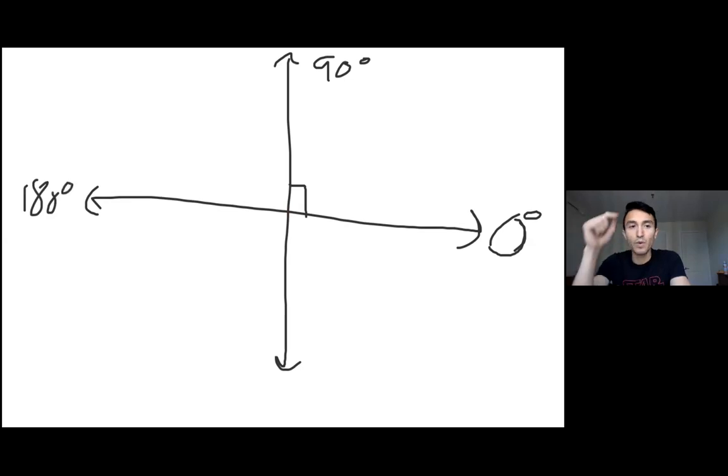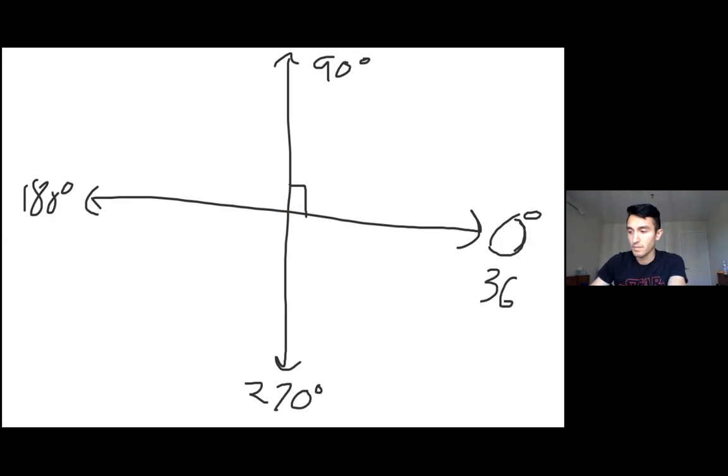For those that don't know, 180 degrees is a straight line. It's correct to say that the measurement of that angle is 180 degrees. And then based on the math, if each quadrant is 90, then you just add 90, and this is 270. And what that also means is this 0 is also 360.